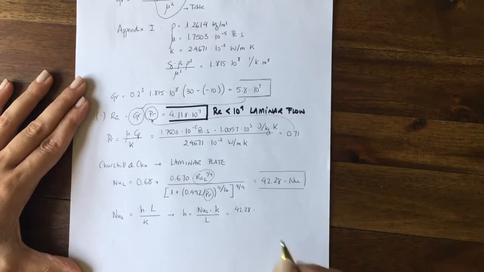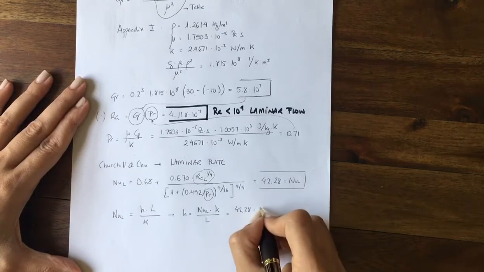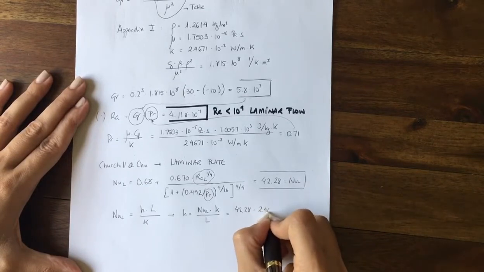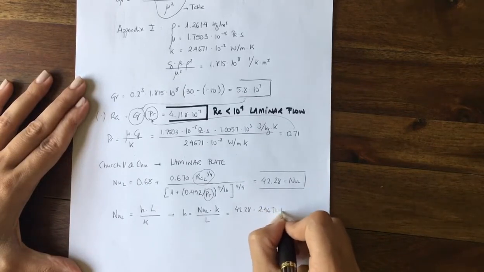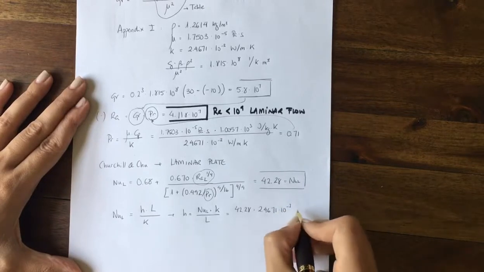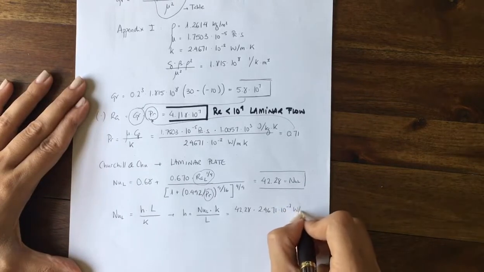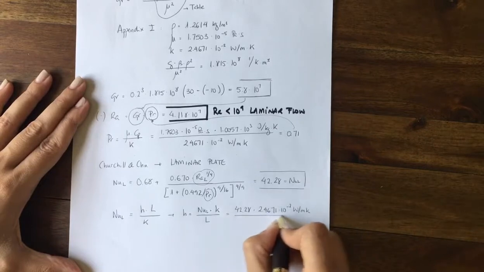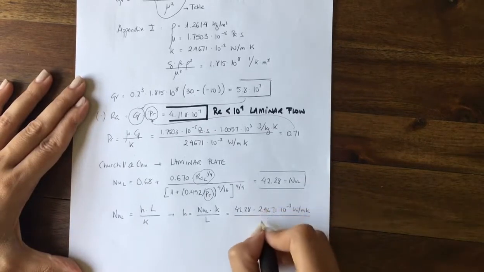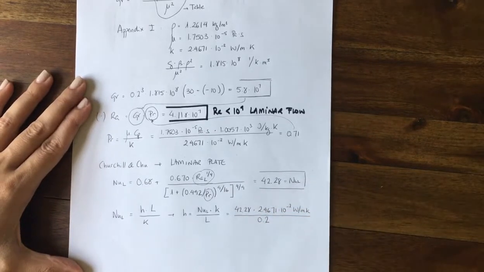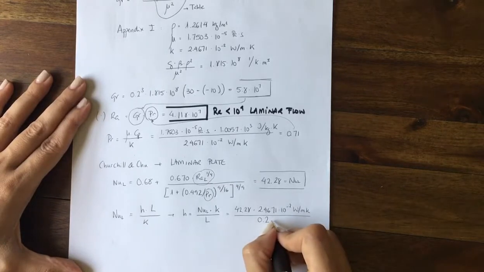The thermal conductivity is equal to 246.71 times 10^-4 watt per meter Kelvin, and the length is 0.2 meters.